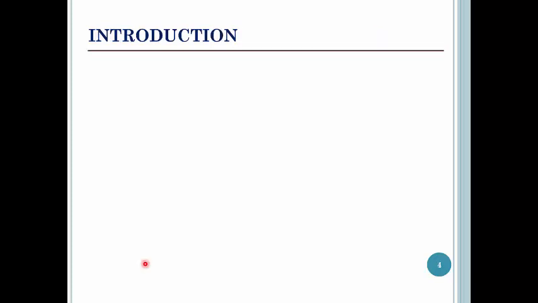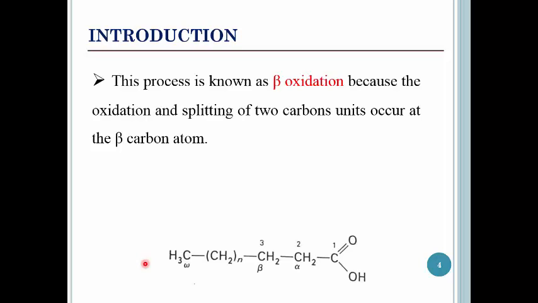So, starting with the introduction of beta oxidation. This process is known as beta oxidation because the oxidation and the splitting of the two carbon unit occurs at the beta carbon. This is the structure of any fatty acid, and this is the beta carbon. So oxidation will occur at the beta position, and the splitting of two carbon atoms will also occur at the beta position.